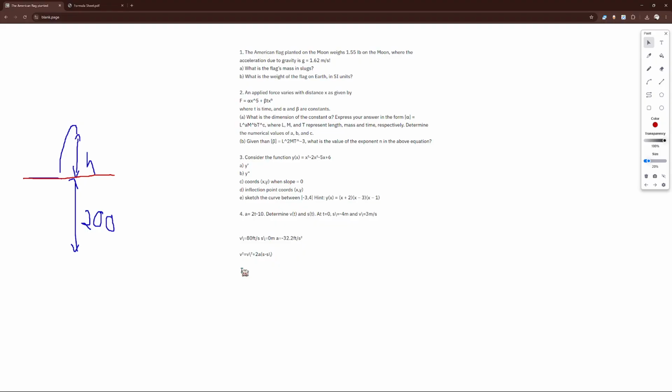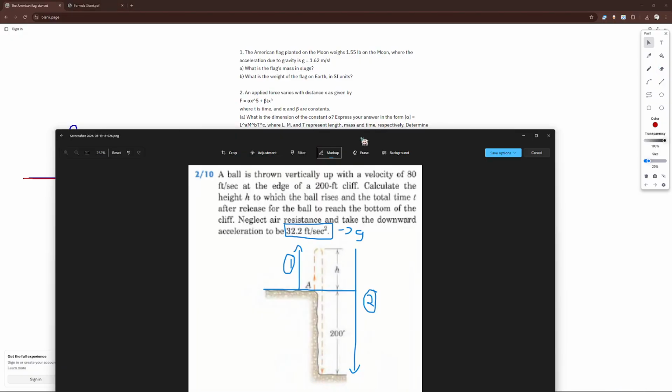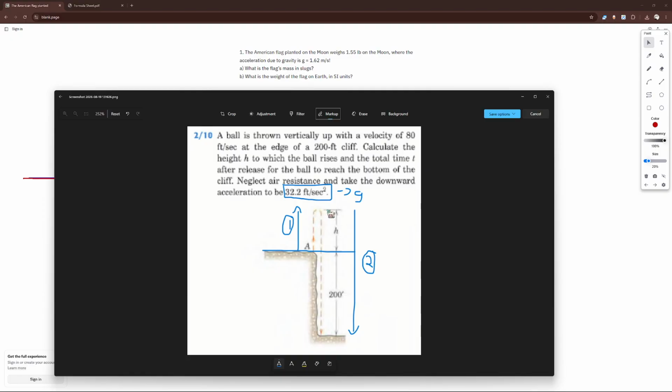By the way, this is like a theory thing, but when you're traveling straight up, at the very peak, you have no velocity. There is no velocity up here.